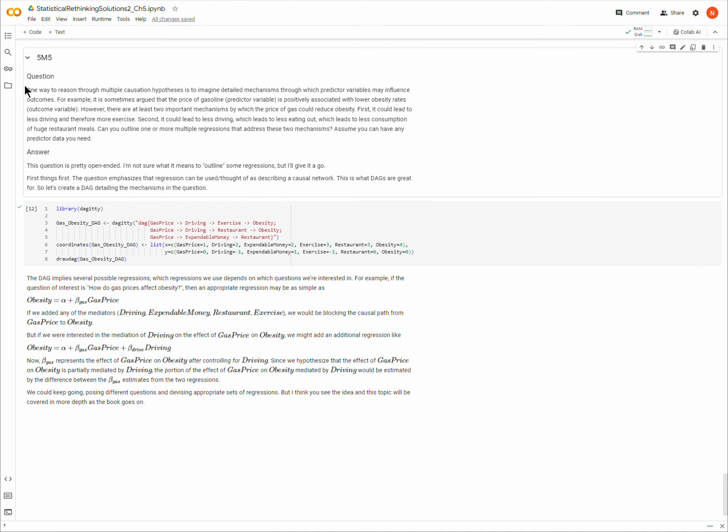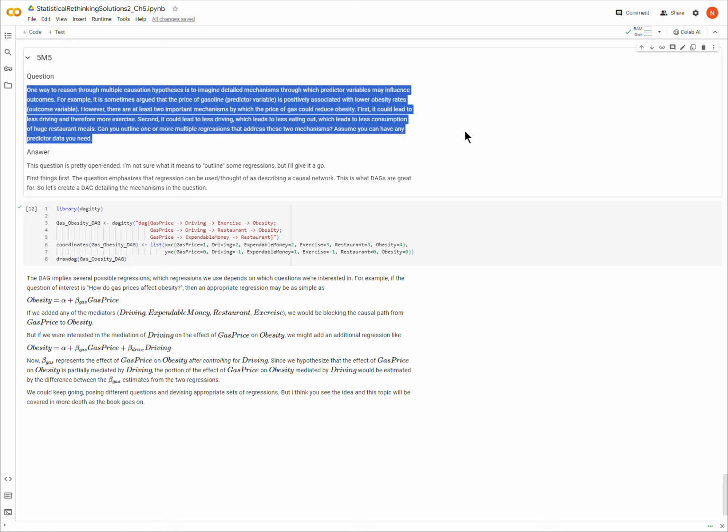And I think I will read this one verbatim just to get the idea. Okay, so one way to reason through multiple causation hypotheses is to imagine detailed mechanisms through which predictor variables may influence outcomes. For example, it is sometimes argued that the price of gasoline, predictor variable, is positively associated with lower obesity rates, outcome variable.